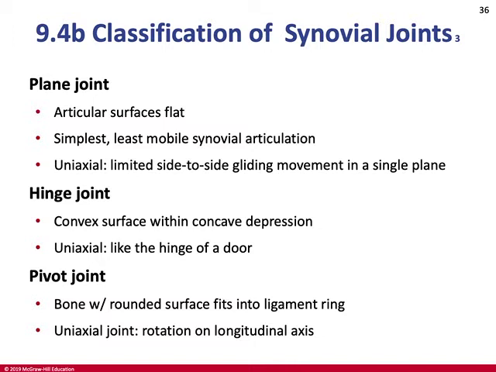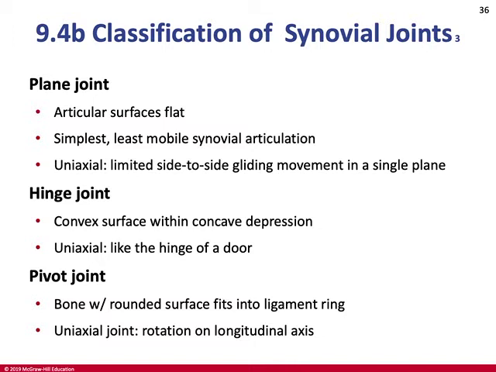A hinge joint is a convex surface within a concave depression. Examples include the elbow and the knee. And a pivot joint allows rotation around the long axis. Examples would be the articulation of the radius and the ulna, and the articulation of the atlas and the axis.